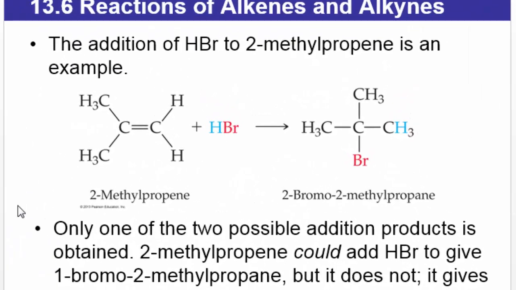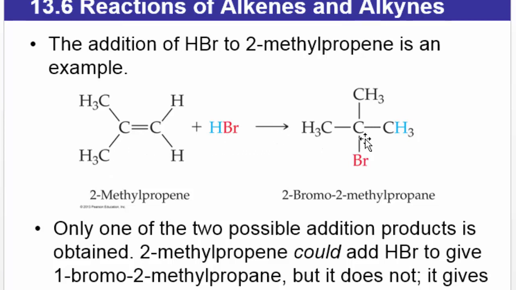Now, the addition of HBr to 2-methylpropene is an example. Take this example. This is carbon 1, 2, 3. So at position 2 we have a methyl. So this is called 2-methylpropene. Here again we do not put 1-propene, because whether you put the double bond here or here, it is number 1.